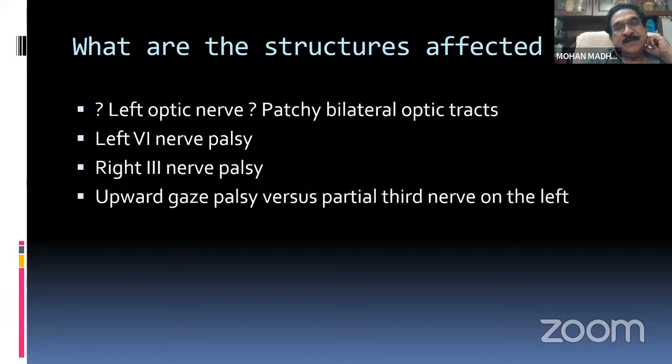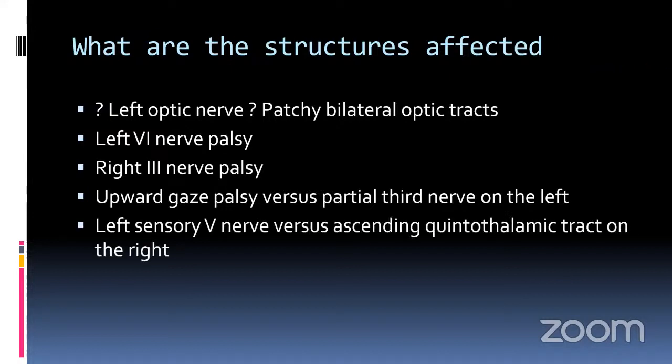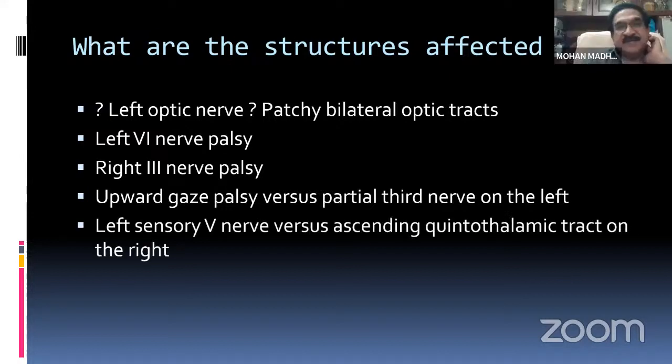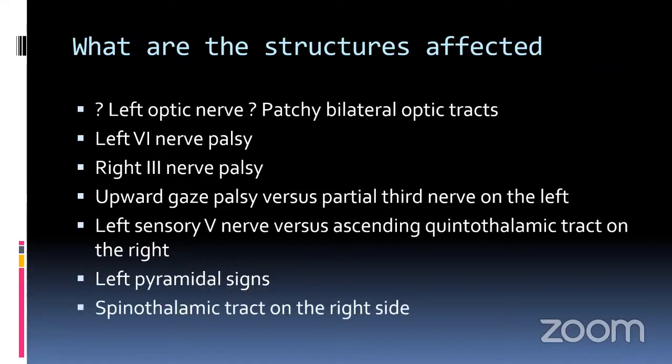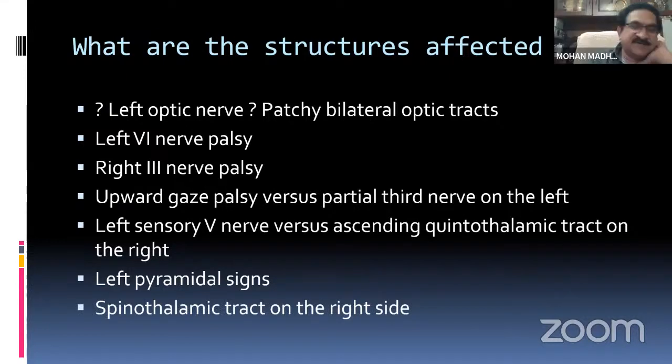And loss of upward gaze movement may be due to upward gaze palsy versus partial third nerve on the left side. But the right third is there because the efferent is affected. Left third might have been partial. Left sensory fifth nerve versus ascending spinothalamic tract lesion on the right side. Left sensory loss, spinothalamic tract on the right side. Okay, these are the localization structures.